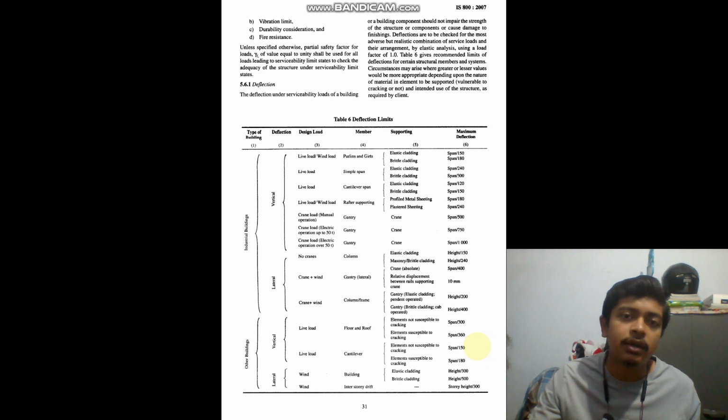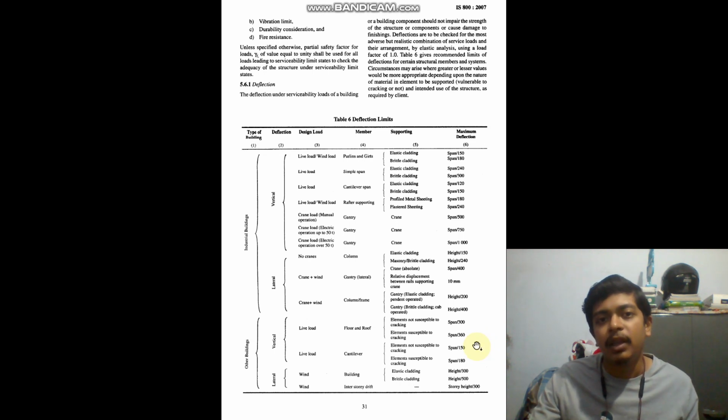In general, when we are doing a normal beam problem for a house, steel beam design, we usually take span by 300. And in the problem that we'll be doing in later videos, we'll see we have taken the deflection limit at span by 300.